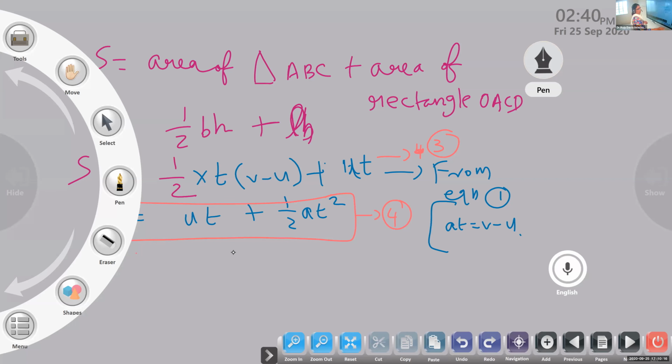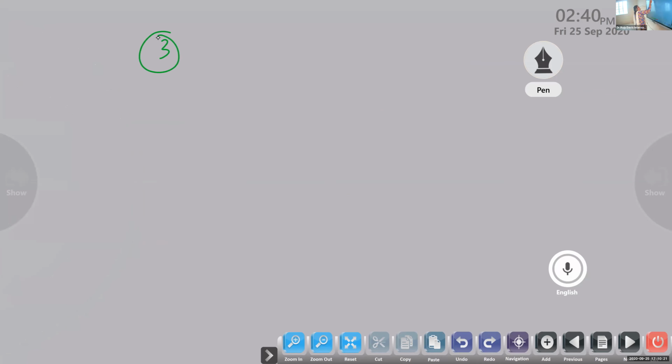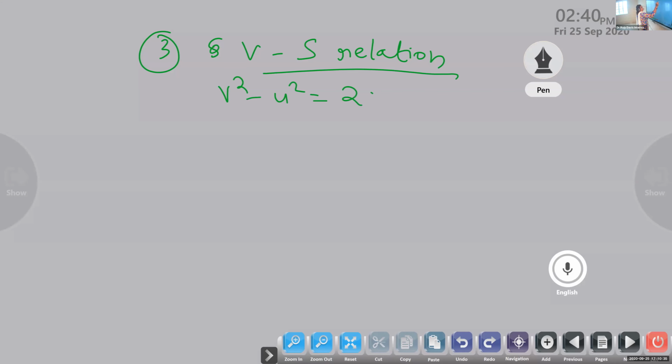Now let us go back to the third one. Our third equation is the velocity-displacement relation. According to the formula, v square is equal to u squared plus 2as.